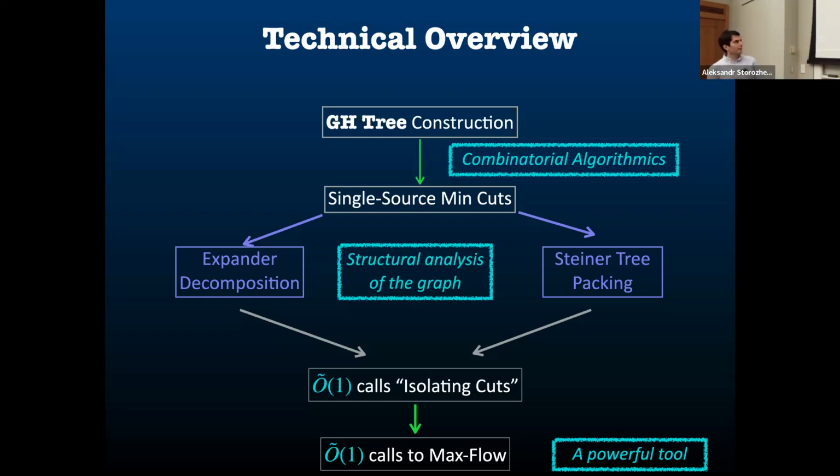It's a simple thing. And then in the middle, we had this structural analysis where we applied expander decomposition. I explained why expander decompositions come in. There's another thing we use, which is the standard tree packing. It's a different way to analyze graphs, which for weighted graphs to get linear time is still needed. For unweighted graphs, this would have been enough, but I'm not going to go into it.